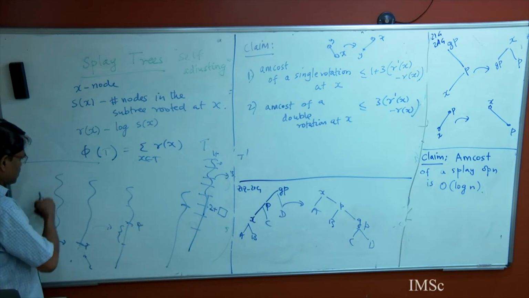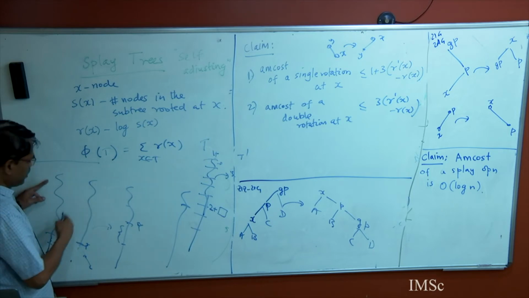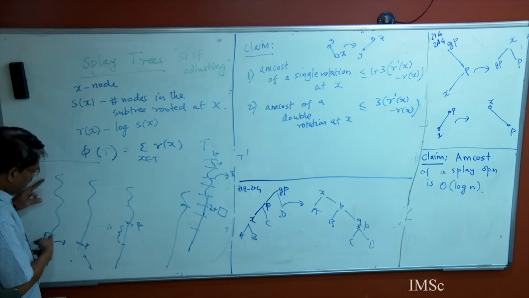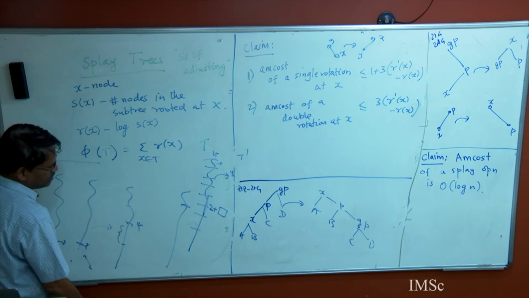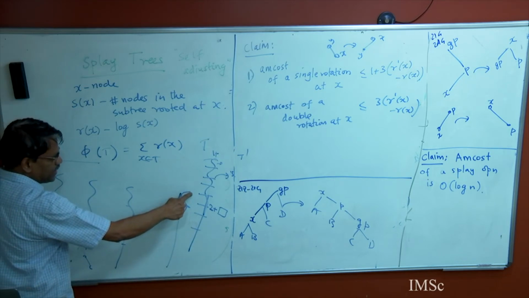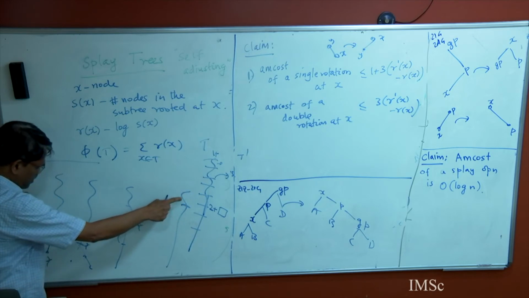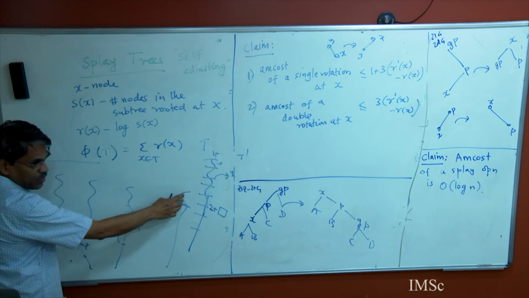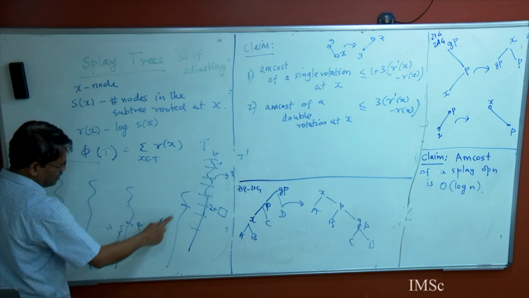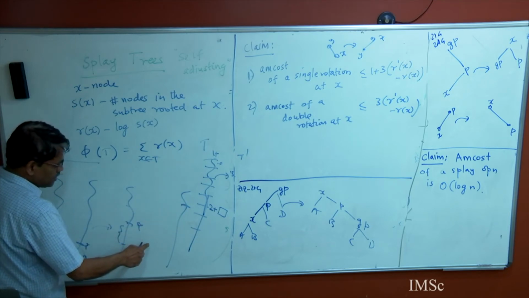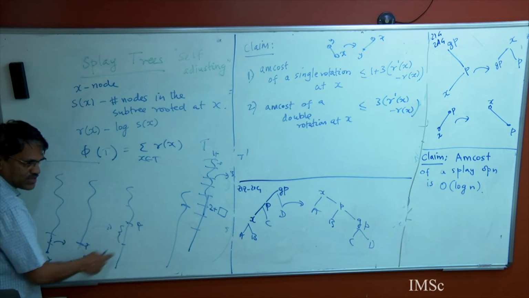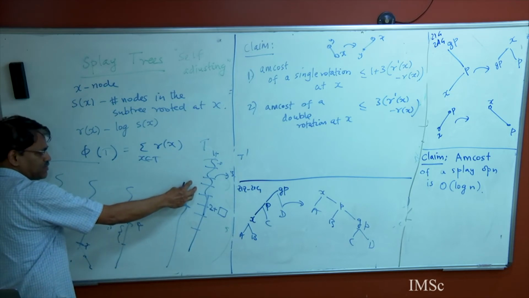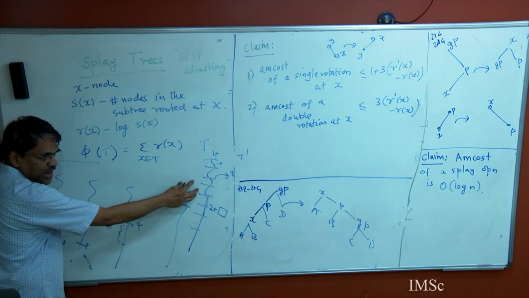The actual cost is 2 times or whatever the length of the path, which is all accounted for in the 2 plus 2 plus 2 plus everywhere, and the potential difference is 3 times r prime of x. That's what I care about. What I know is 3 times r prime of x minus r of x plus this r becomes r prime now minus this. So they all cancel out. And finally, it's 3 times rank of this minus rank of this.